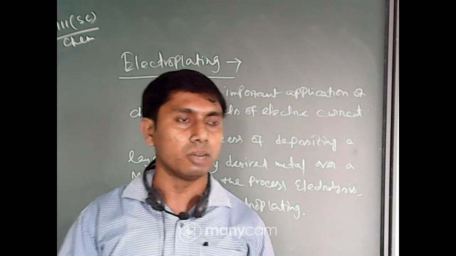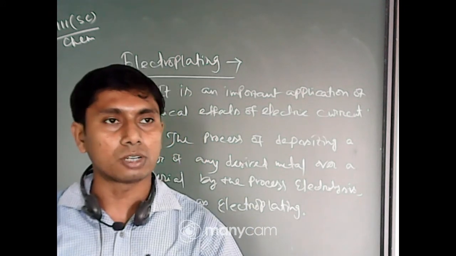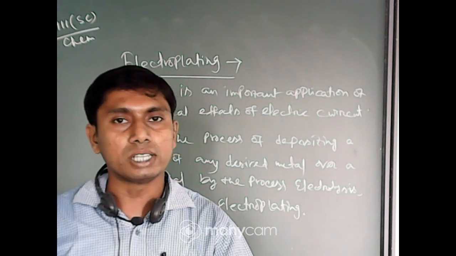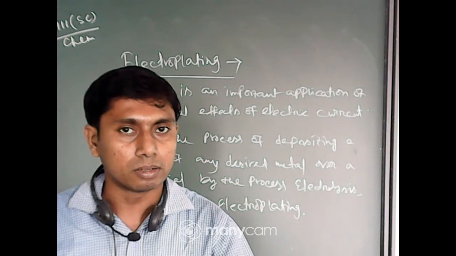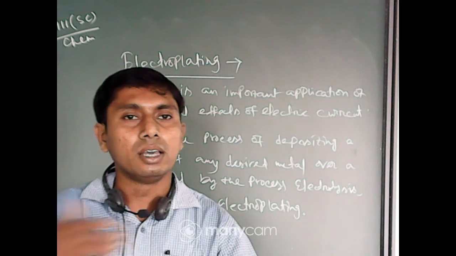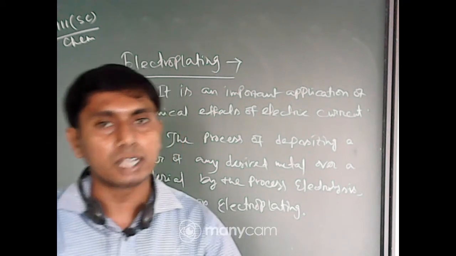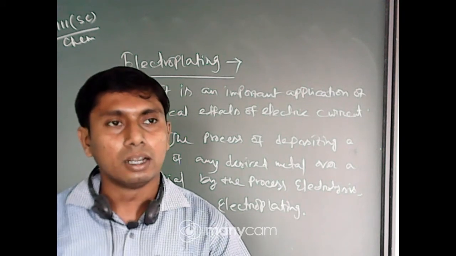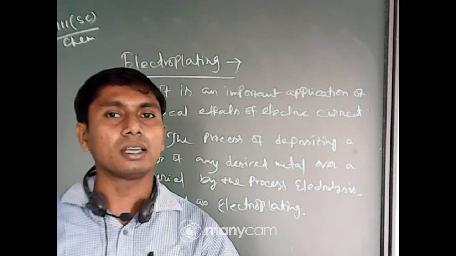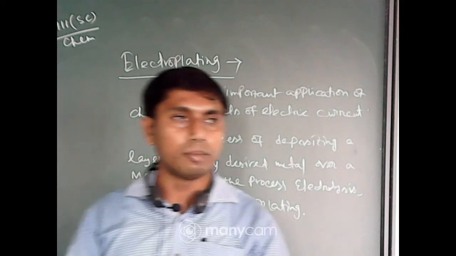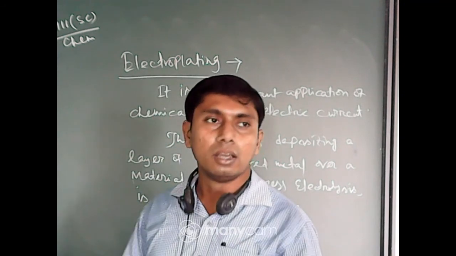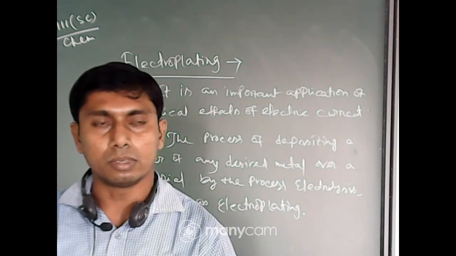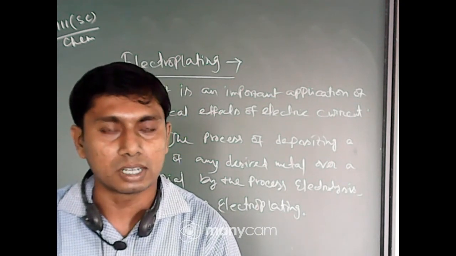Now, in general, what are the purposes of electroplating? Number one, first of all, to restrict the metal from corrosion. Next, the durability or the strength of the outer surface sometimes increases. Number three, we can make any article more shiny, so that it becomes more attractive and the value of the product increases.